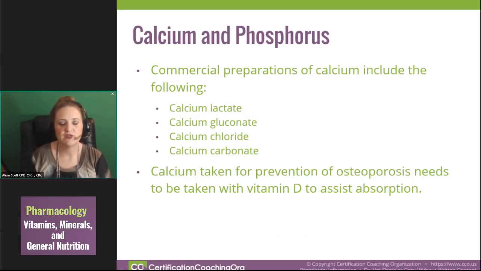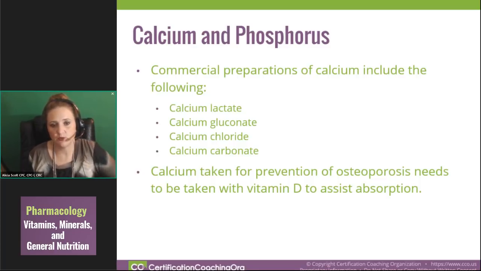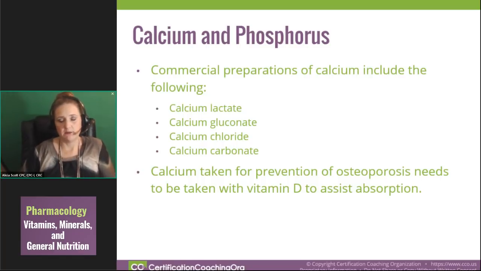If you're going to get something over the counter, the ways you can get the calcium is calcium lactate, which is from milk. Gluconate is a sugar. Chloride and carbonate are the other types. And you really need to have, especially women who are menopausal age, additional calcium, because our calcium levels drop.